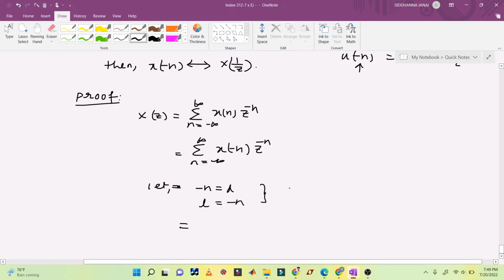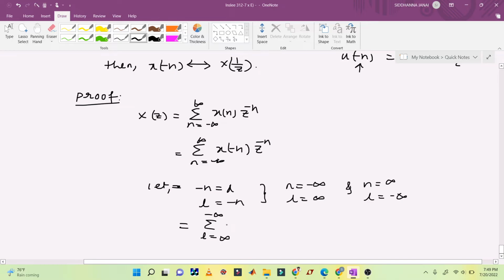Summation will be, when n is equal to minus infinity, L is equal to plus infinity, and n is equal to plus infinity, L is equal to minus infinity. That's why we get summation L is equal to plus infinity to minus infinity.